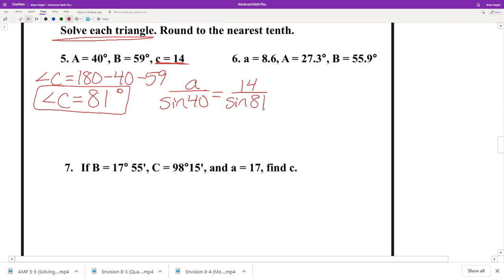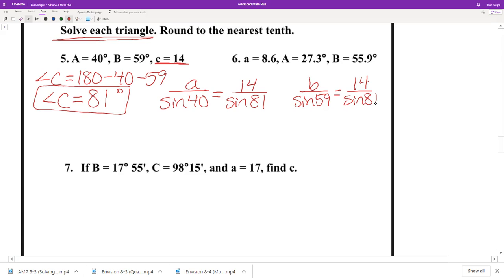I'm going to use that to find A, and then to find B, I do the exact same thing. B over the sine of 59 equals, again, 14 over the sine of 81. Does everybody understand our setup?